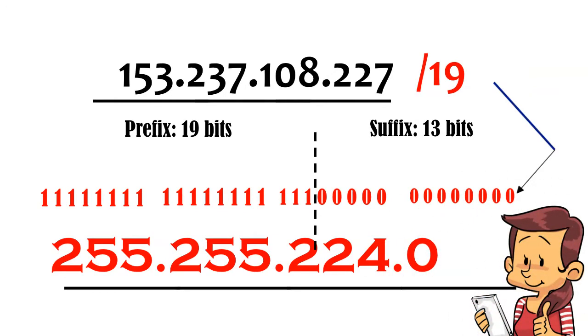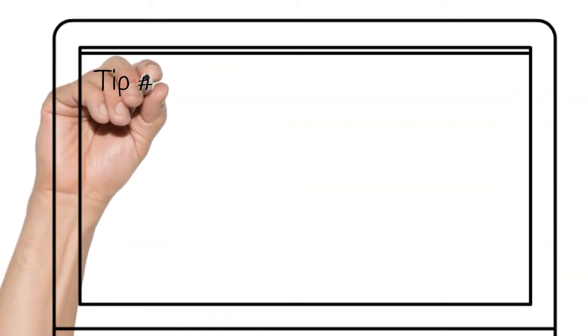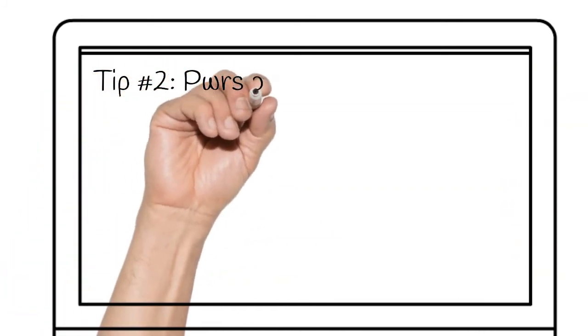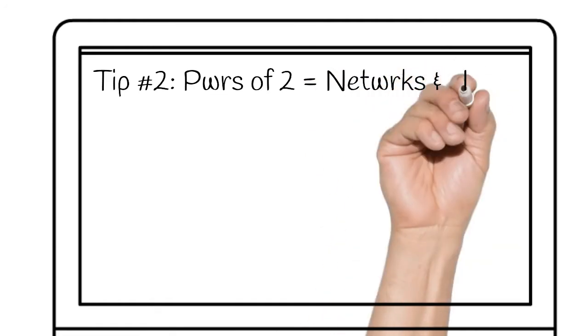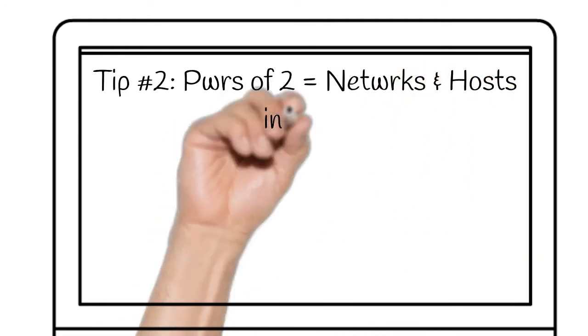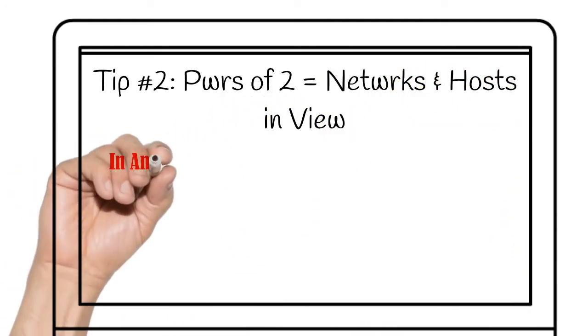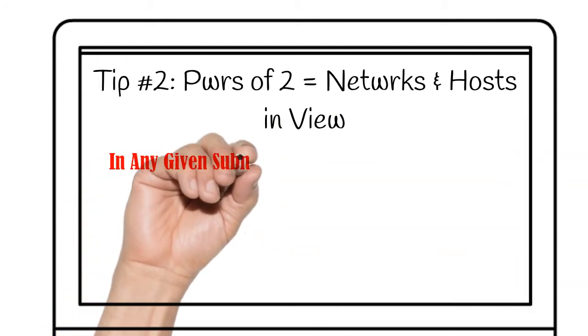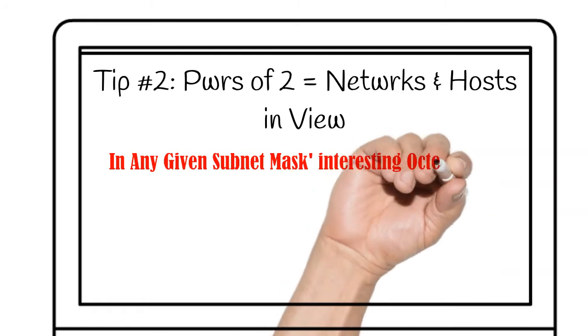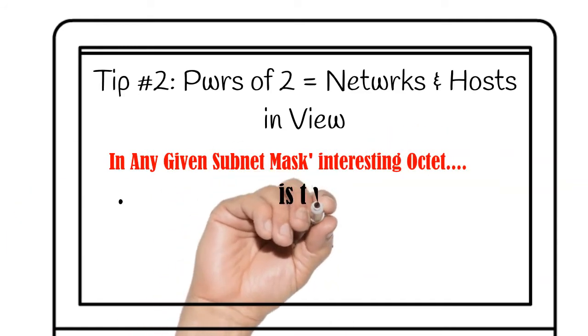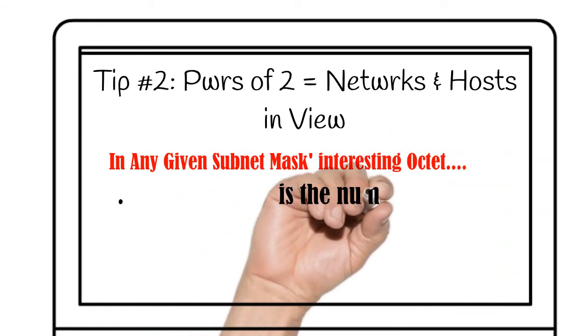This brings us to our second tip, or what I like to call powers of 2 bring networks and hosts in view. Now, this second tip is a doozy. In fact, it's the workhorse that could be the single tip that helps solve all your subnetting challenges. Incidentally, this is conspicuously missing in many of the subnetting tutorials on the internet. It's simple.